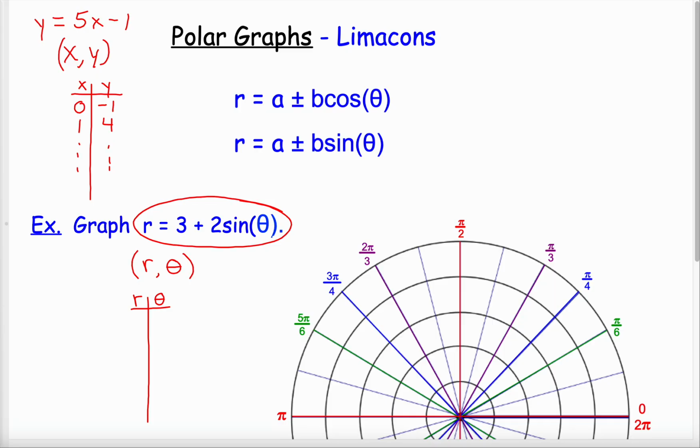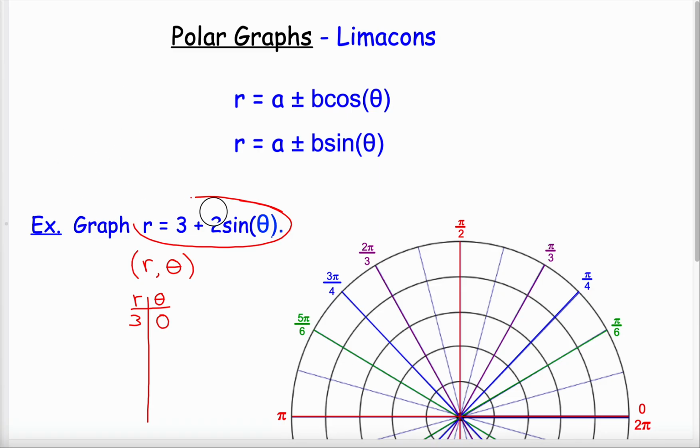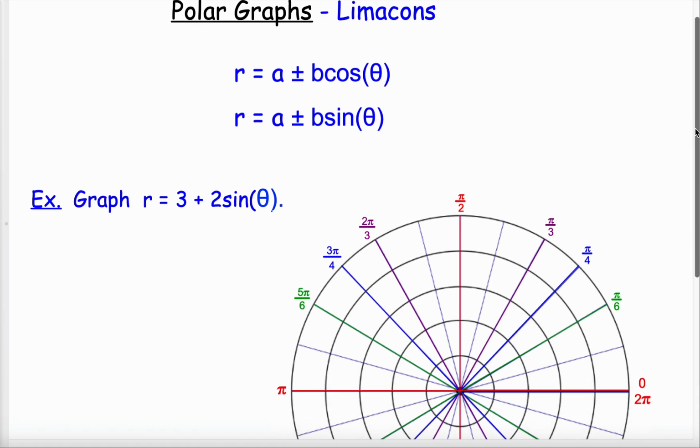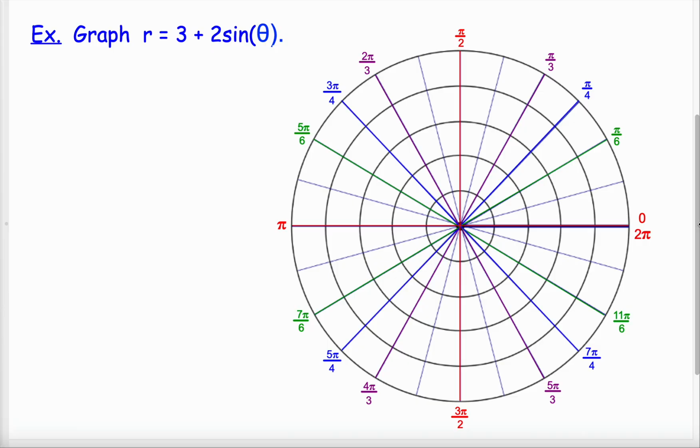So it's going to be easier to plug in a value for theta, evaluate it, and then figure out what r is going to equal. That's a little bit backwards in terms of which variable we pick a value for and then evaluate the other based on our equation. So I want to make sure that's clear. Okay, so now let's go ahead and try and graph this.